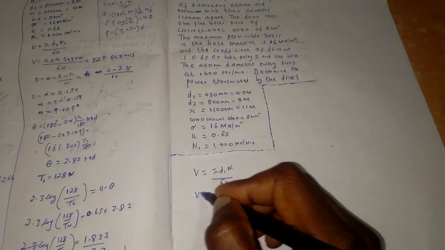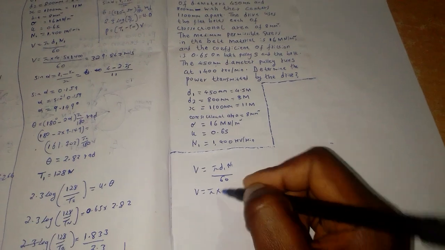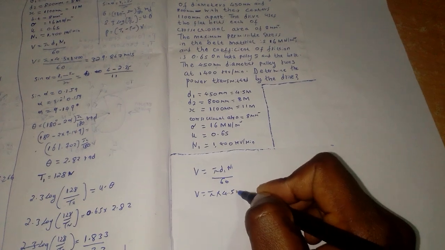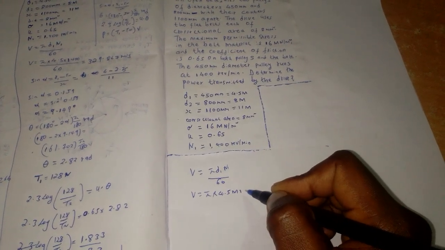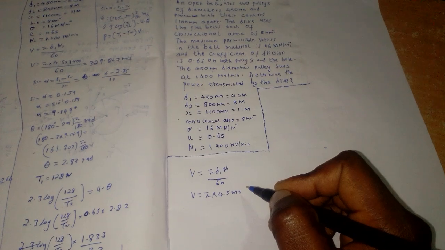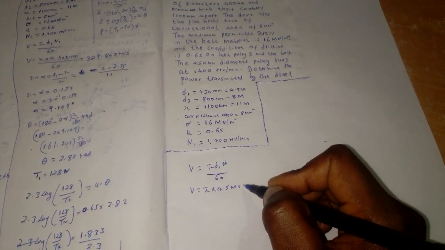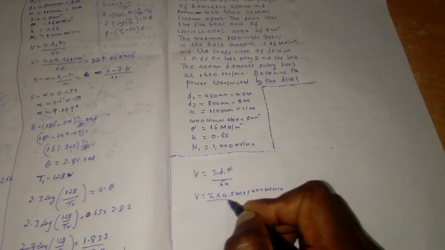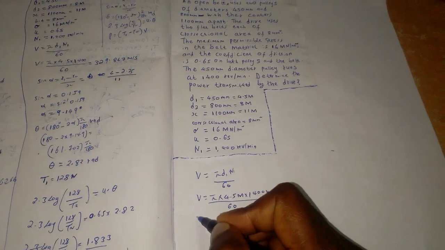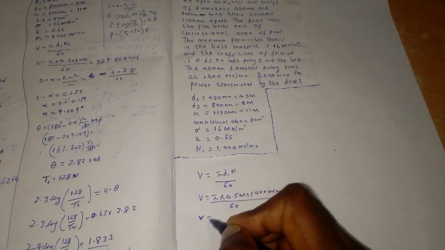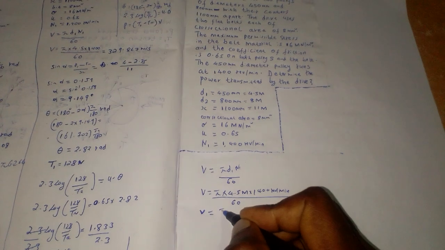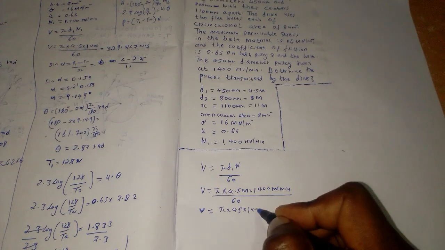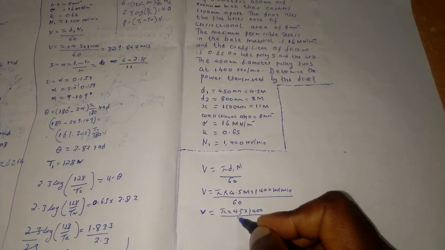So velocity is equal to pi times d1, which is 0.45 meters, times the revolutions of the smaller pulley, 1400 revolutions per minute, divided by 60.